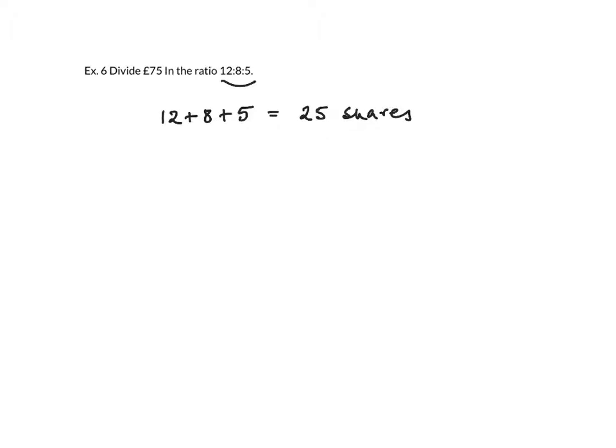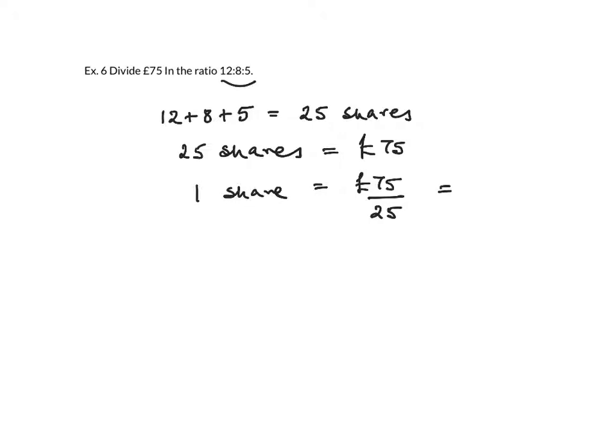What we do then is set 25 shares equal to the £75 which we want to divide up. One share is 75 divided by 25, which equals £3.